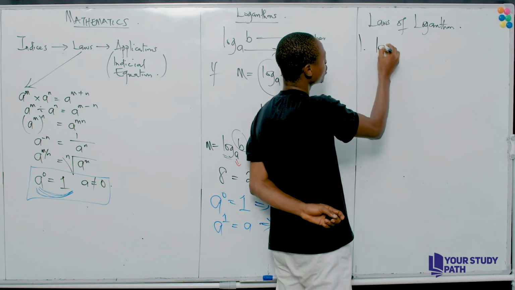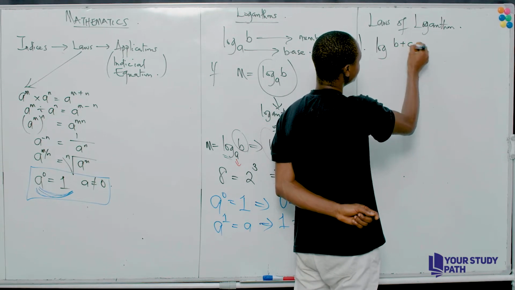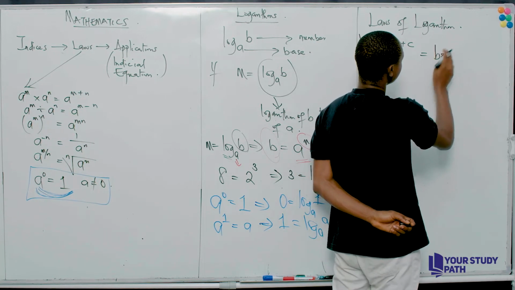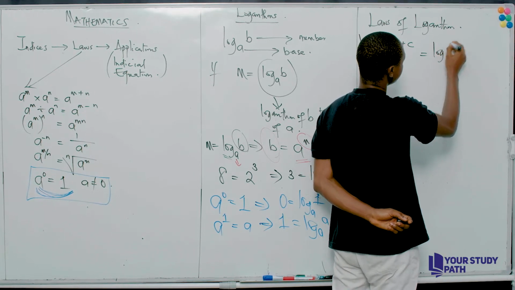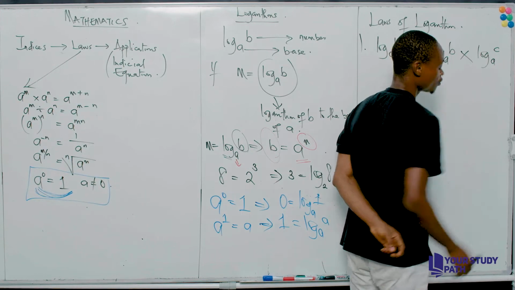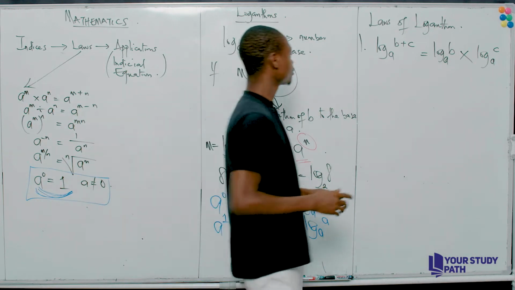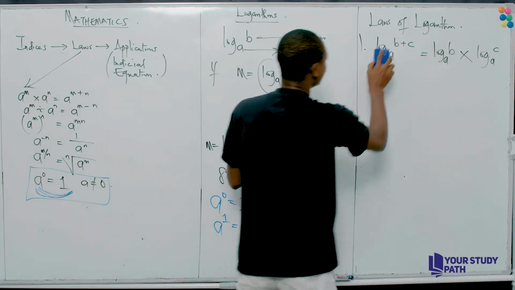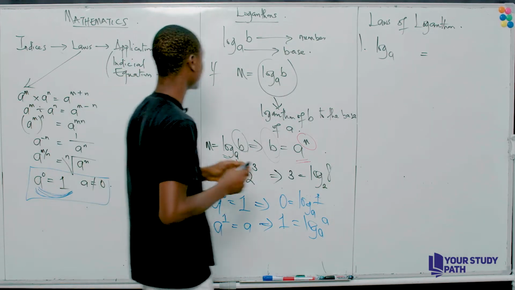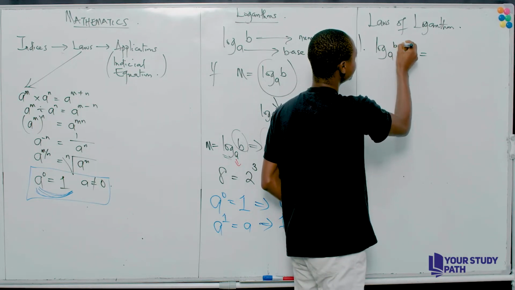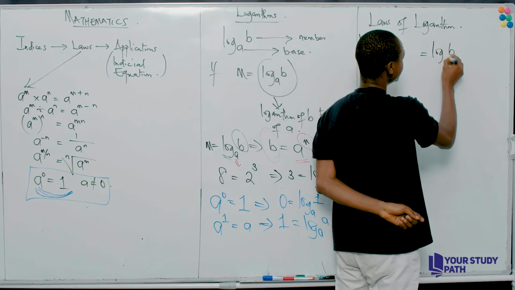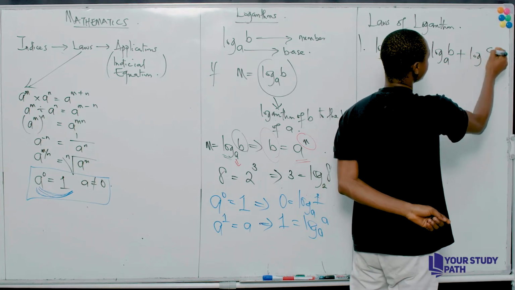So, the addition law in this case: when we have log bc to the base of a, then we can write this as log b to the base of a plus log c to the base of a.